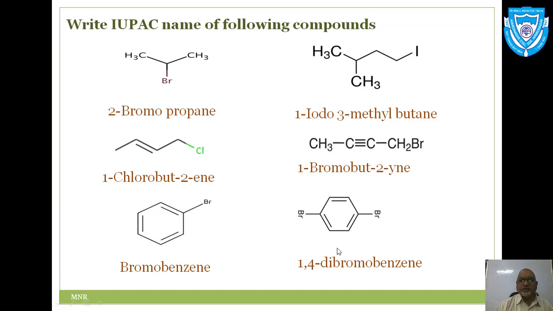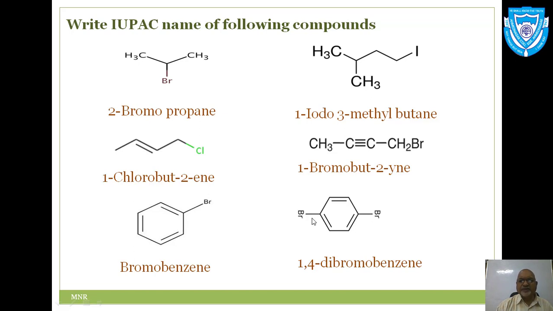Here in this case, there are 2 substituents on the benzene, and both are bromine. And since both are bromine, we use the term dibromo. And the position number is 1 from either this side or this side. In ortho, meta and para positions, they are opposite to each other, and that's why it is a para position.